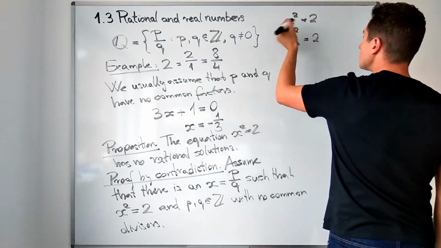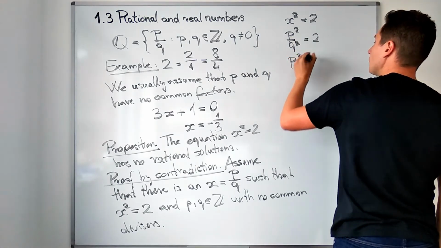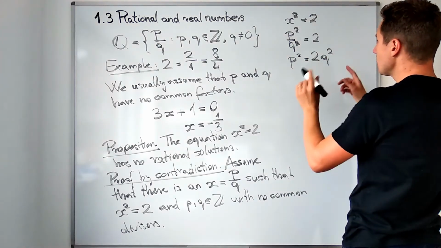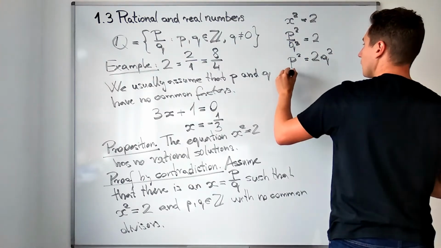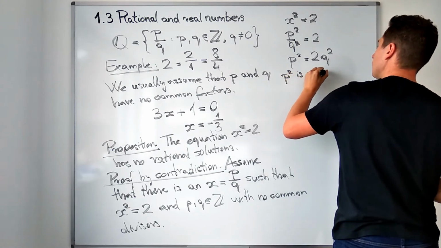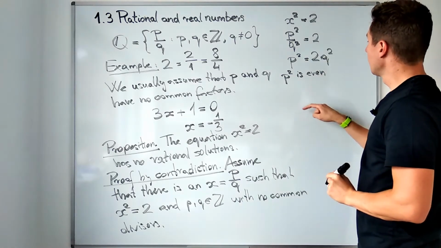Multiplying both sides by q squared gives us p squared equals twice q squared, which immediately tells us that p squared is even, is an even number because it's twice some integer.